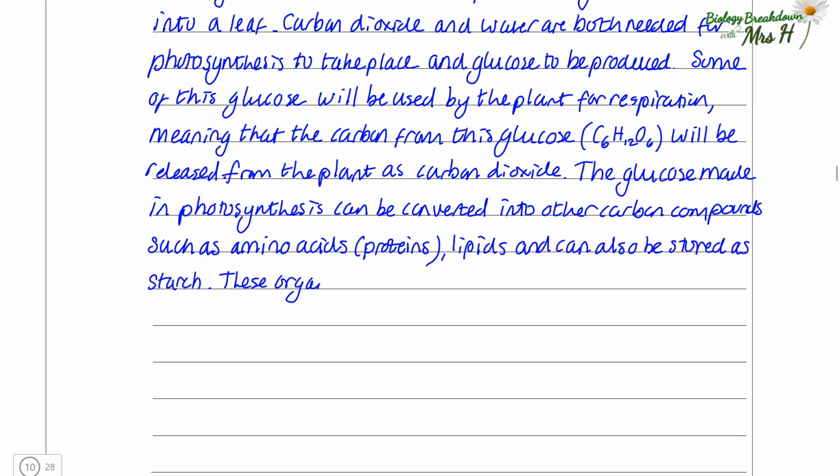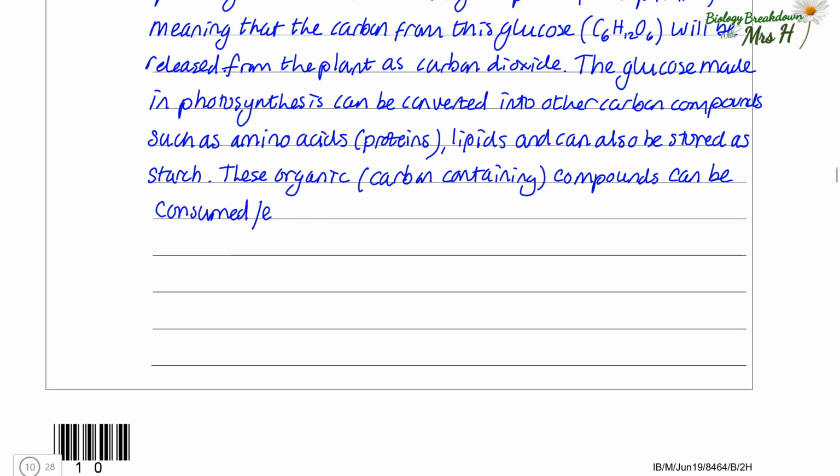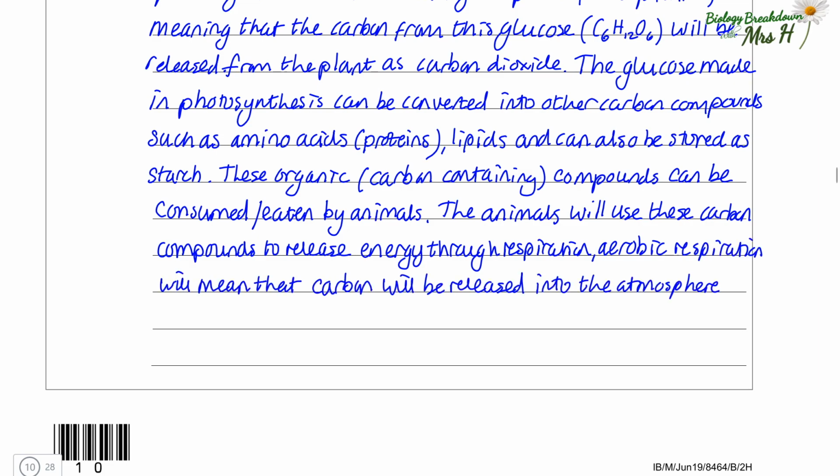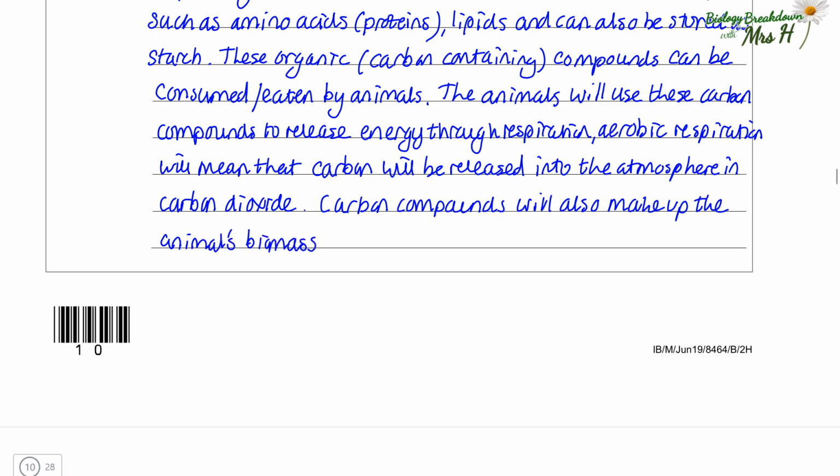And these organic carbon-containing compounds can then be consumed or eaten by animals. And then these animals will use these carbon compounds to release energy through respiration. And then because aerobic respiration is happening, that means that carbon will be released into the atmosphere in carbon dioxide. And then carbon compounds will also make up the animal's biomass.